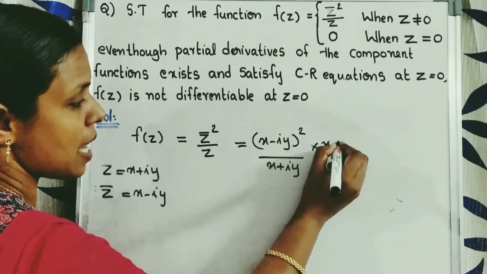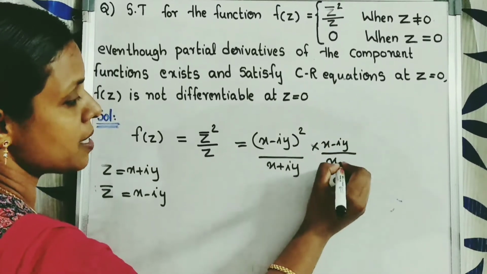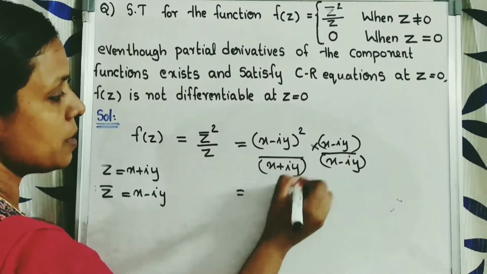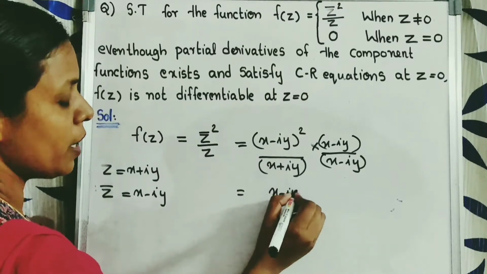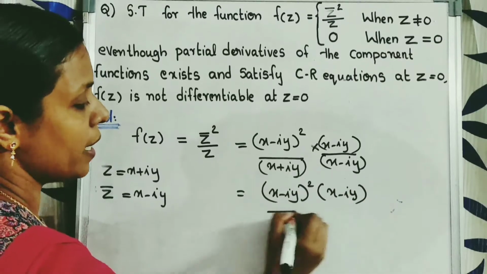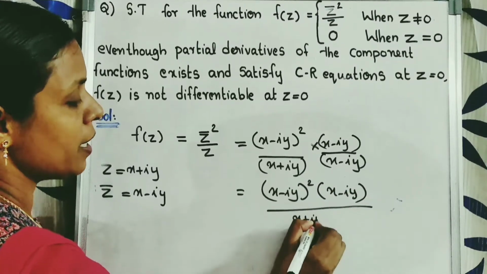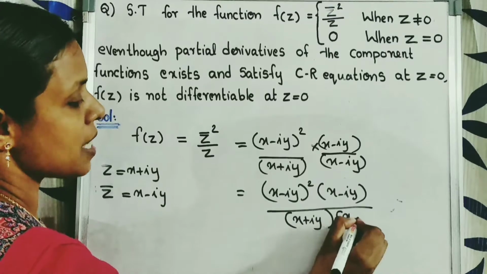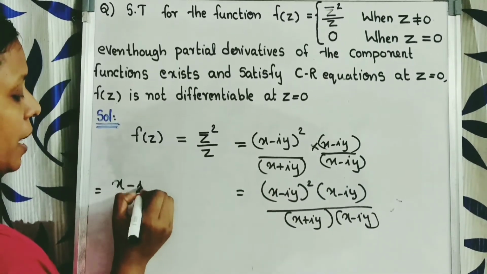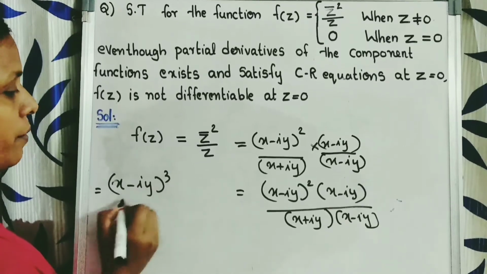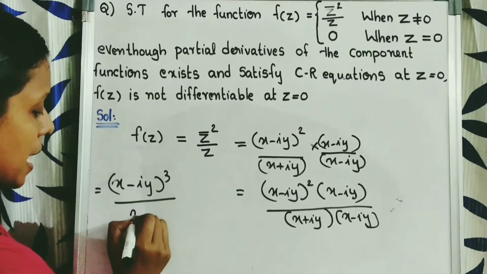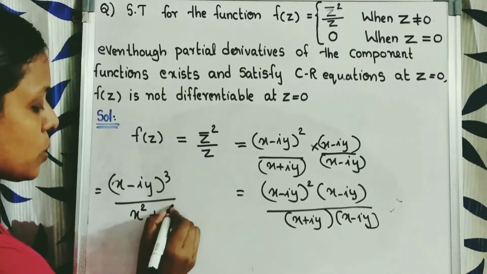That is equal to (x minus iy) whole square into (x minus iy) divided by (x plus iy) into (x minus iy). We can write it as (x minus iy) whole cube divided by x square plus y square.